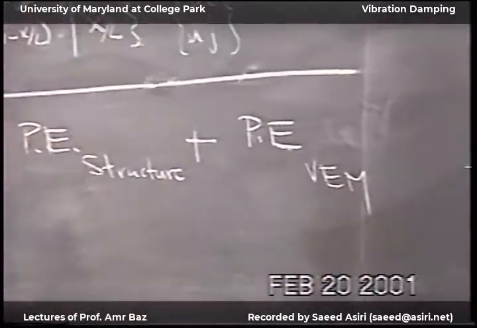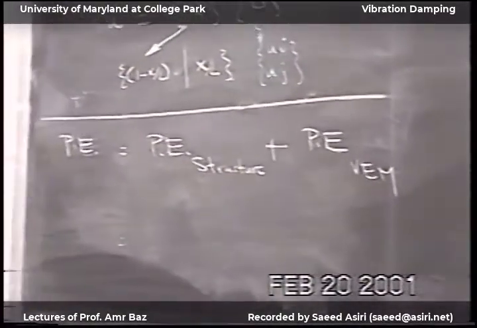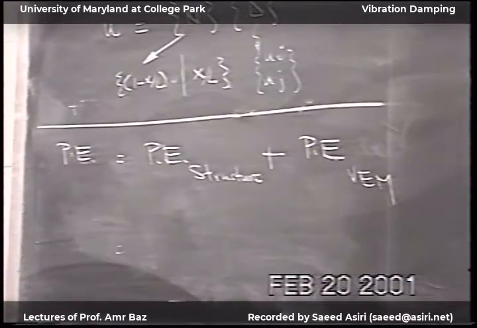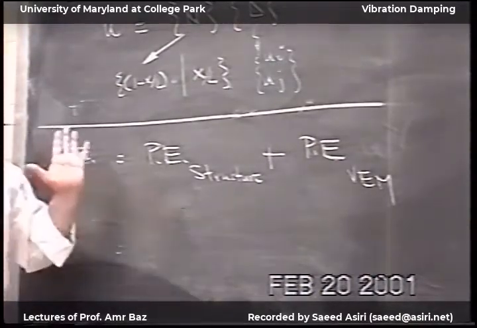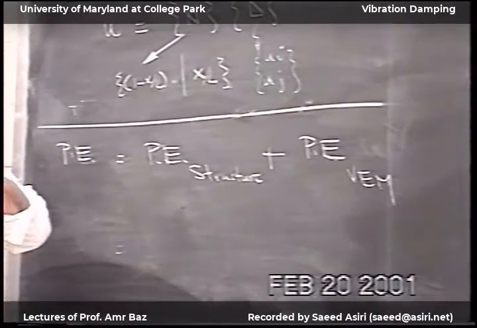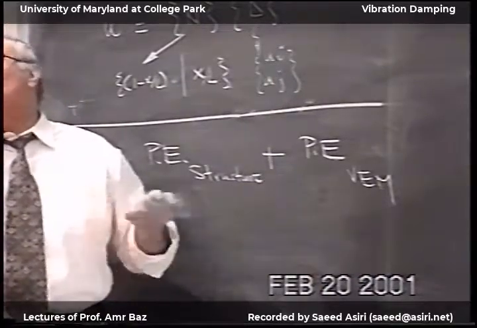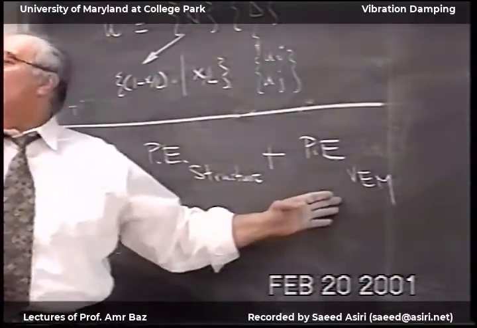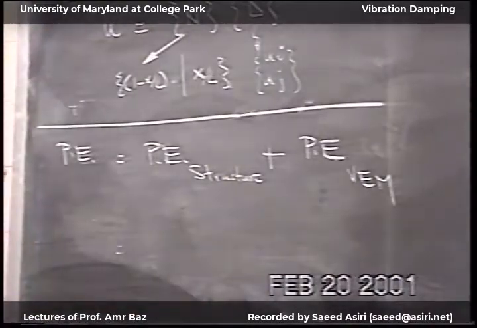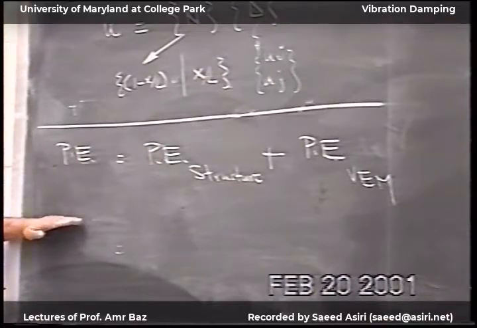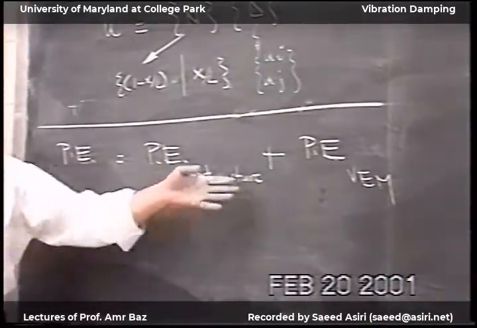What I'm going to write here is not 100% accurate. It's not 100% rigorous, but I will get to the same result, okay? And then later on we'll tell you why. Okay? Because the structure, its potential energy, whatever I give, I'll get back. If I write the same thing here for the viscoelastic material, whatever I give, I will not get all of it back. But we'll say, for now, I don't know what this viscoelastic material will do to me. Okay? We'll just say it is just a material, I'll treat it as a base structure. I can write this potential energy and kinetic energy of them as if they are regular material.